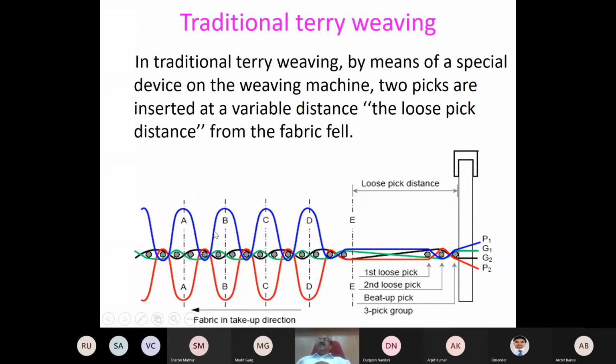So, how a traditional terry weave is produced? In traditional terry weaving, by means of a special device, which we will discuss subsequently, on weaving machine, 2 peaks are inserted at a variable distance.